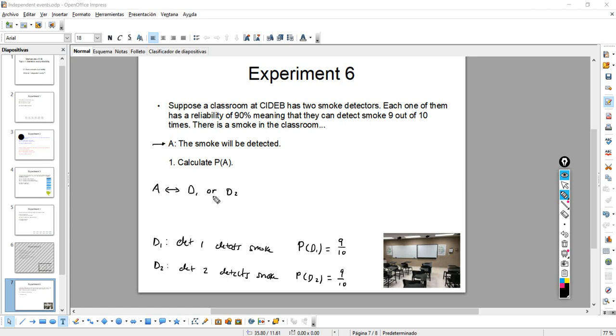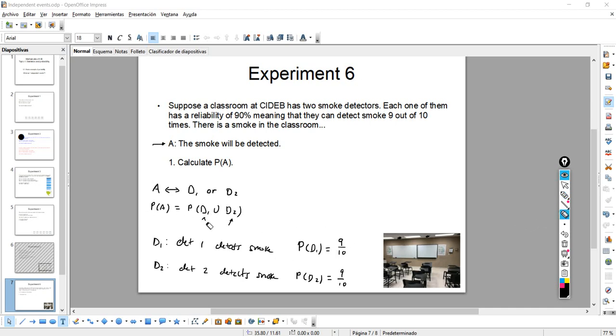That's equivalent to whether D1 or D2 happen. You see? And so if I want to find the probability of A, that's going to be the same as the probability of D1 or D2. That's how you rephrase an event as a combination of events for which you already have the probabilities. You see?